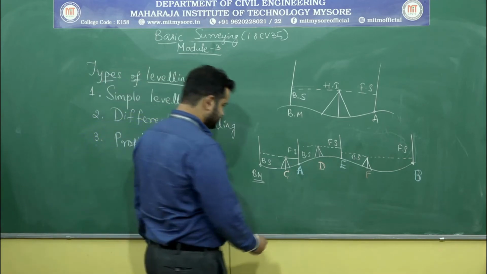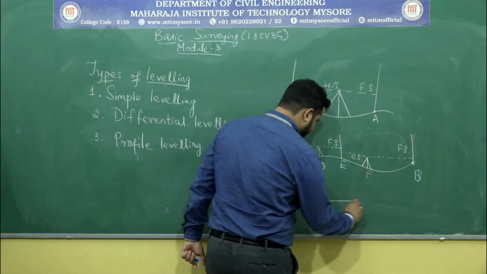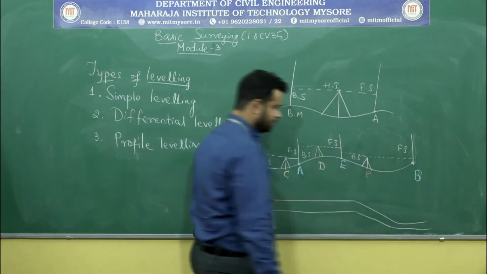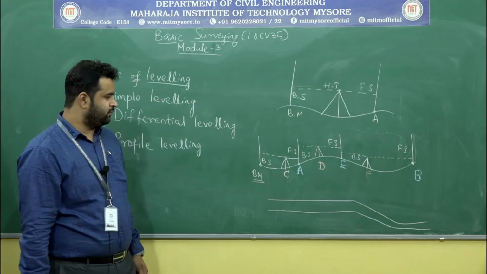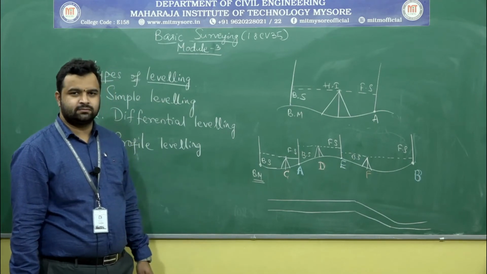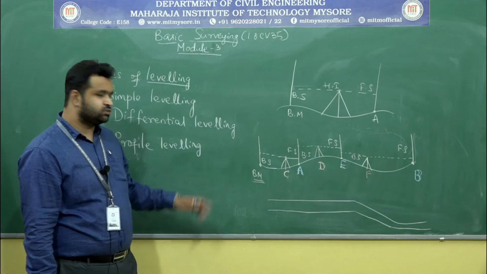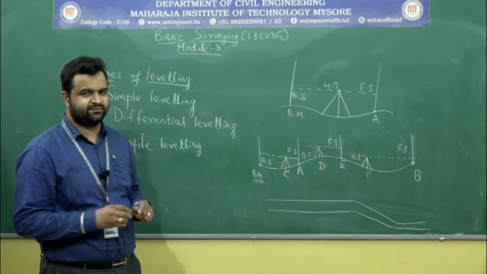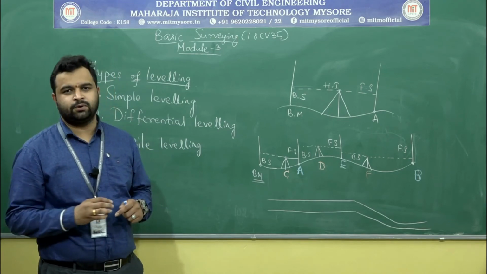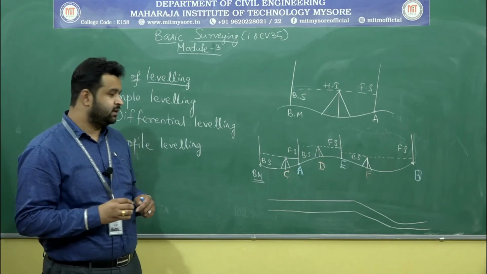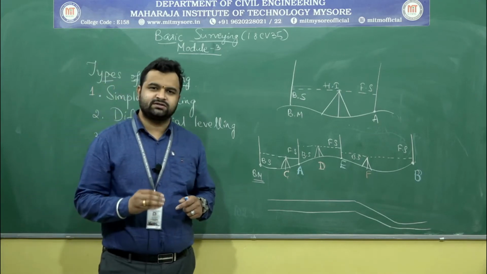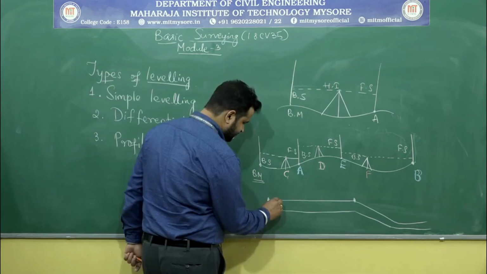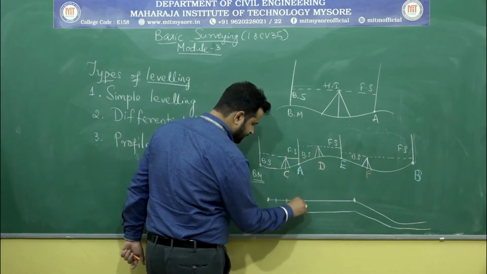So, in simple words, let us assume this is a railway line. Now, we want to know its profile, that is, to study the profile of a given or required surface, we adopt profile leveling. That is, we are going to take staff readings at regular intervals.